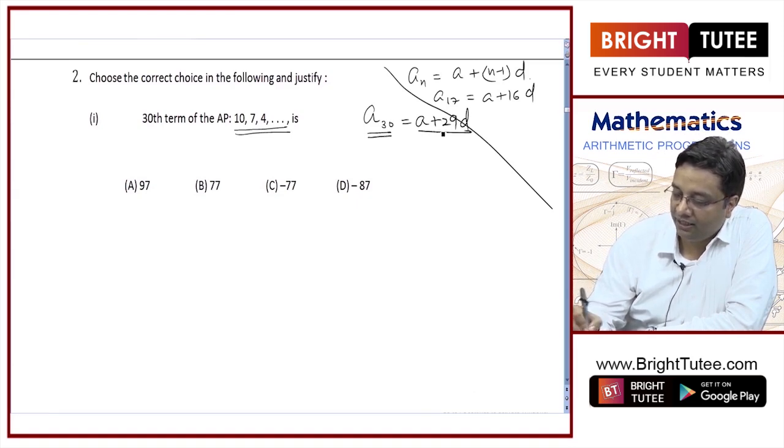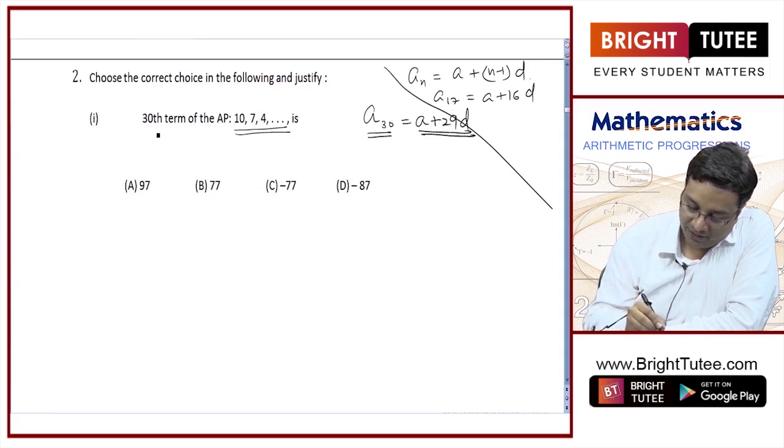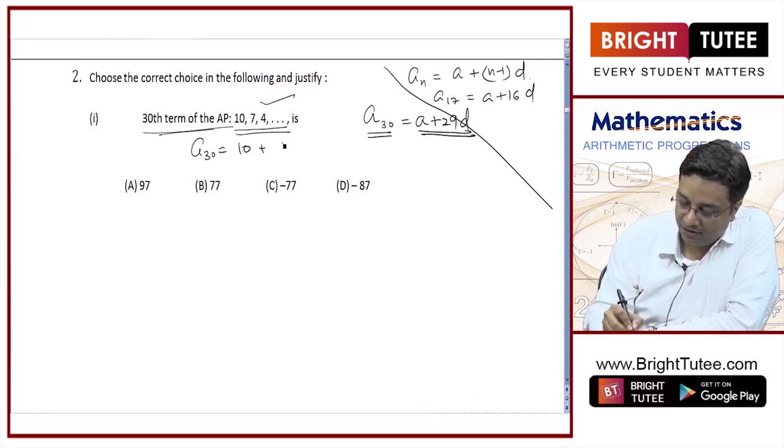So the 30th term is A plus 29D. What is A here? In this AP, A is 10, so A30 will be A plus 29 into D. What is the common difference here?